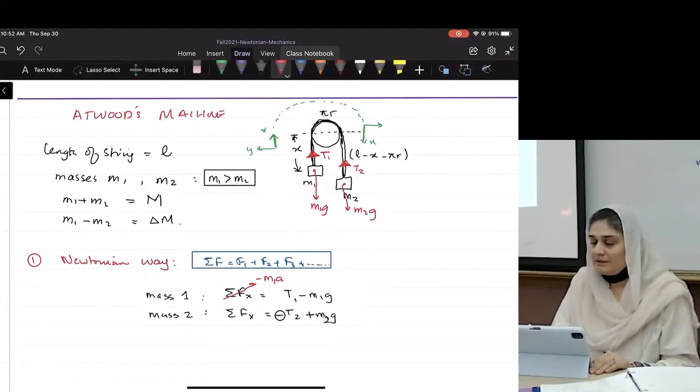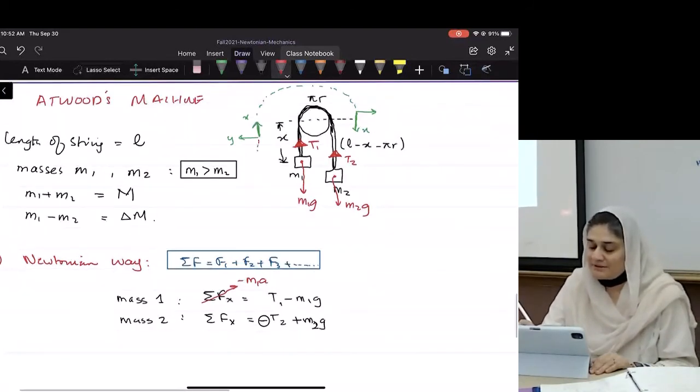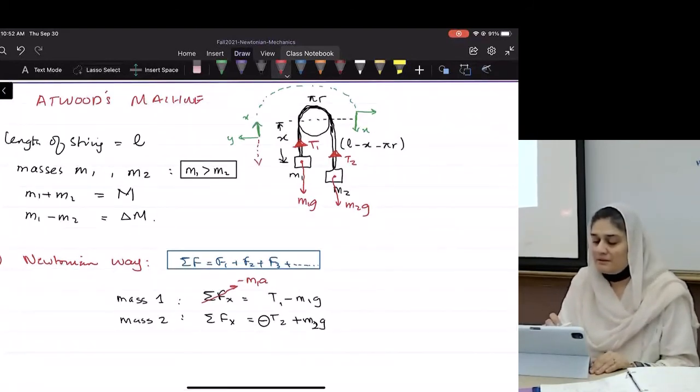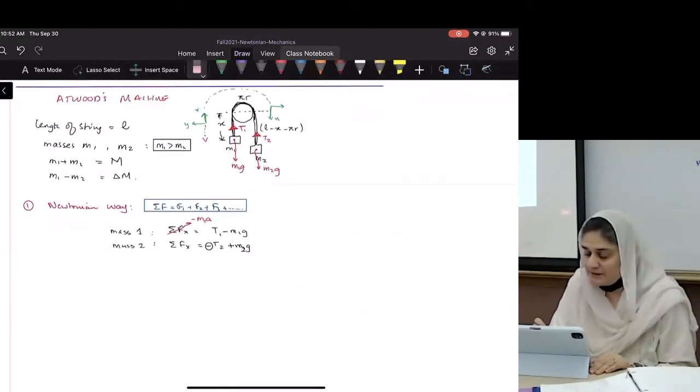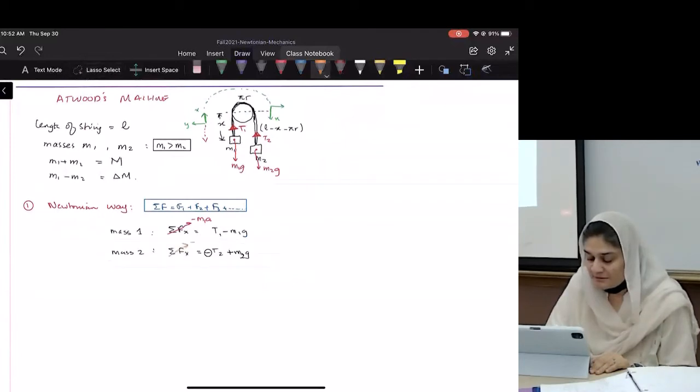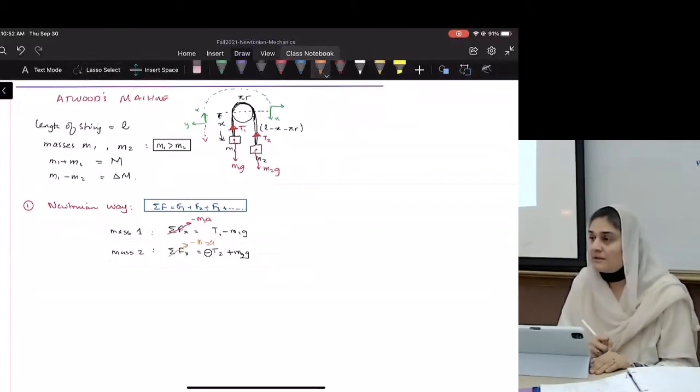Is the acceleration going this way? Yeah. And is this one going to be going upwards? So then it'll still be, so what will we get?